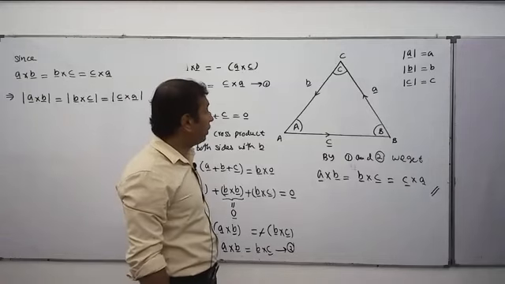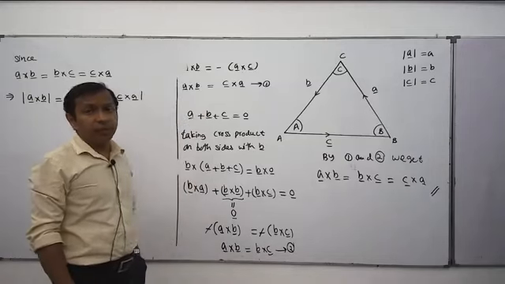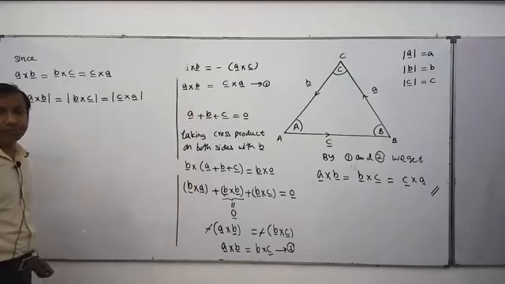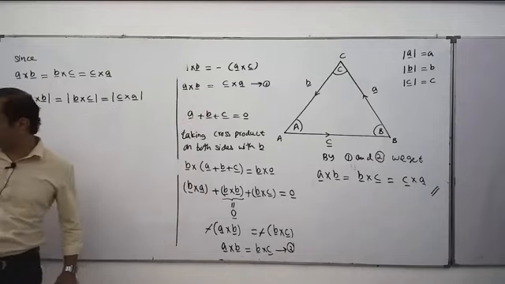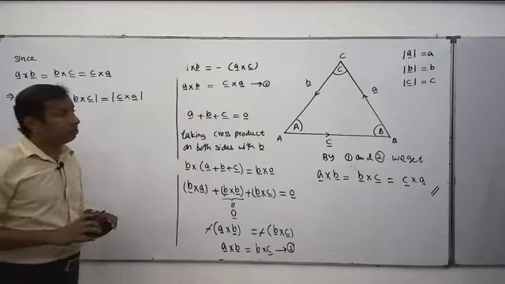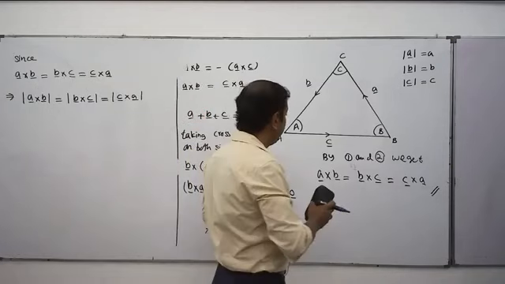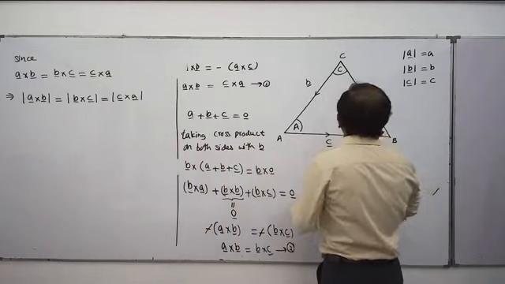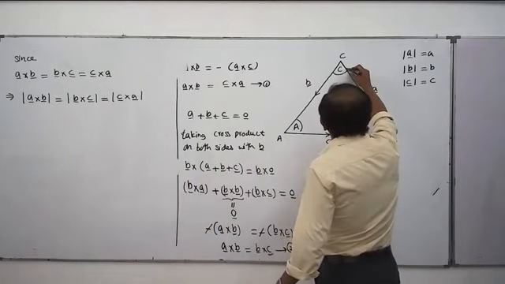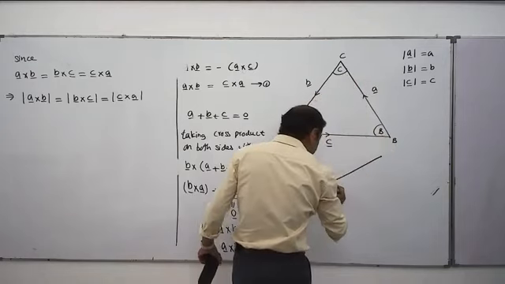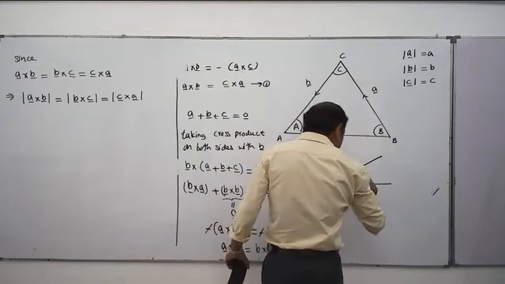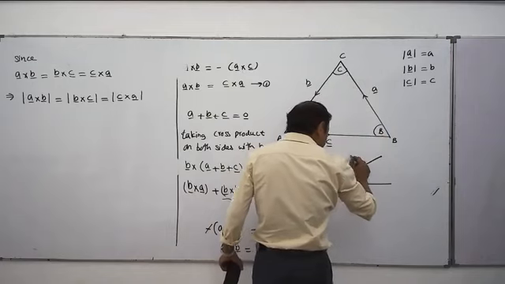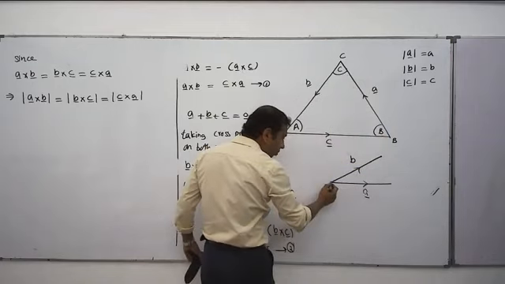People, when we consider A cross B, vector A is this, vector B is this. When we write a cross product, we know the arrows should start from a point.